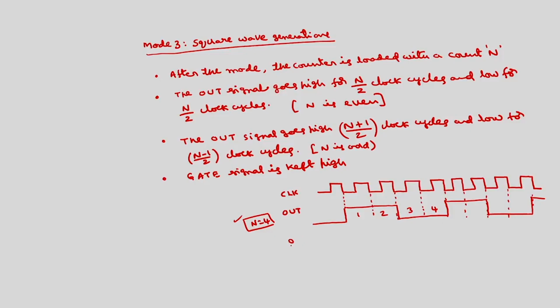Now the out signal in case n is equal to 5, which is odd. For n equal to 5, what is (n plus 1) by 2? N plus 1 is 6, so 6 by 2 is 3. (N minus 1) by 2 is 2. So 3 plus 2 becomes 5. So this out signal will be high for 3 clock cycles and low for 2 clock cycles.